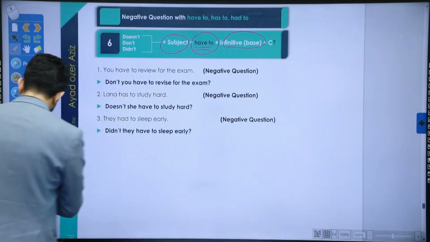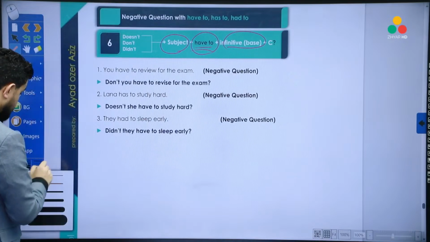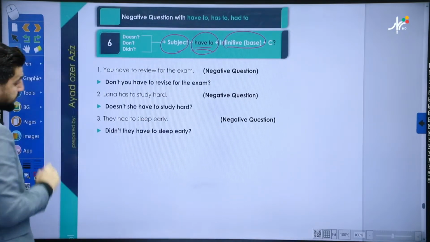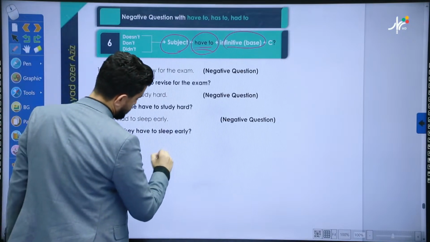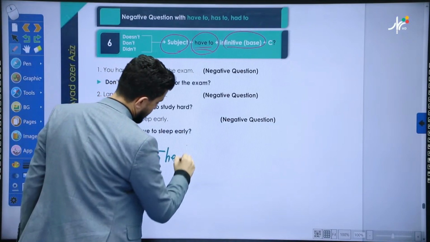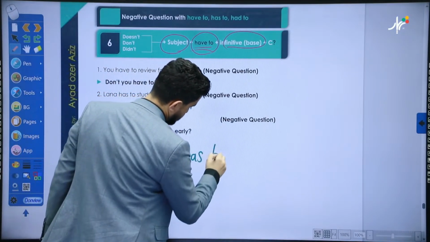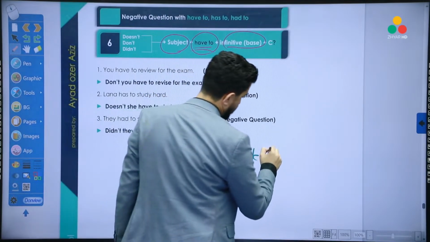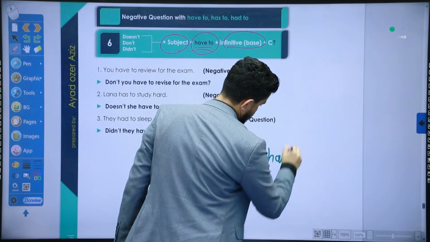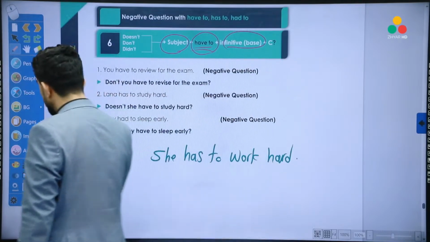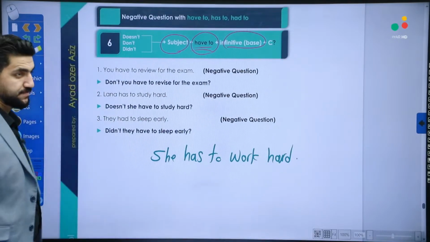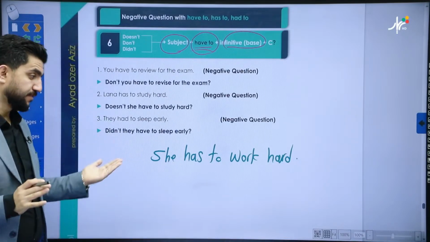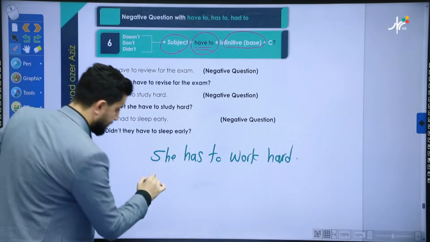Okay, let me give you one example. Could you do this? I want you to do this. So for example, she has to work hard. Now I want you to change this one to a negative question. First of all, look at here.